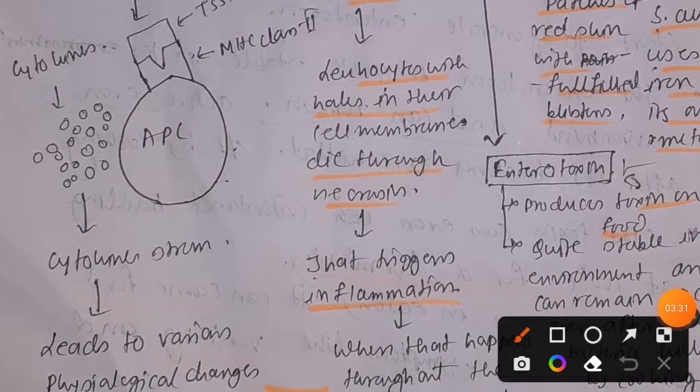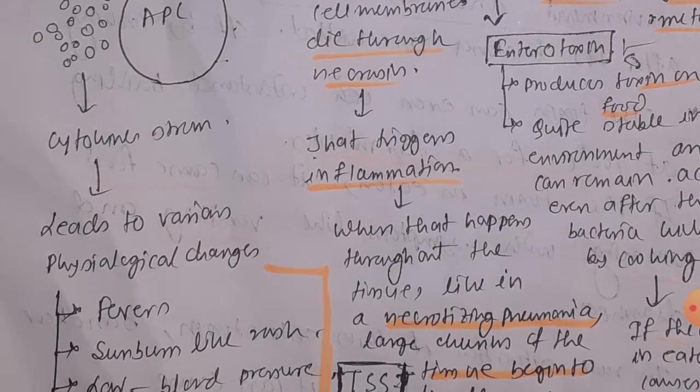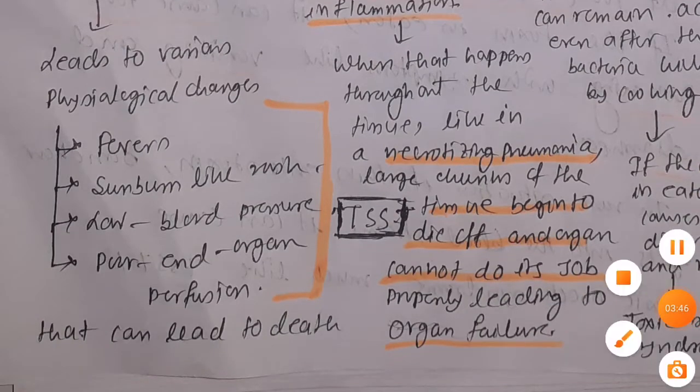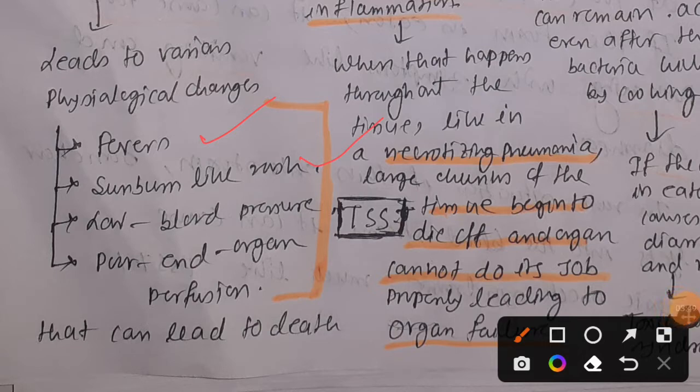Release of too much cytokine creates a situation called cytokine storm, and this cytokine storm creates various physiological conditions, for example fever, sunburn like rash, low blood pressure, and poor end organ perfusion. Those 4 physiological changes together can lead to the death of the organism. These 4 conditions together are called toxic shock syndrome.